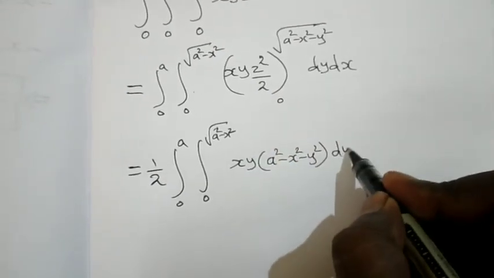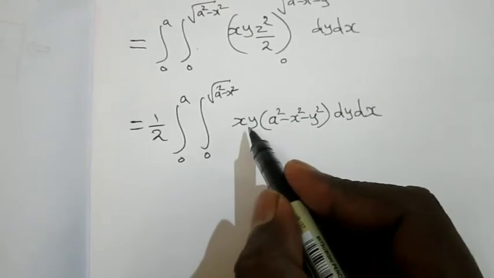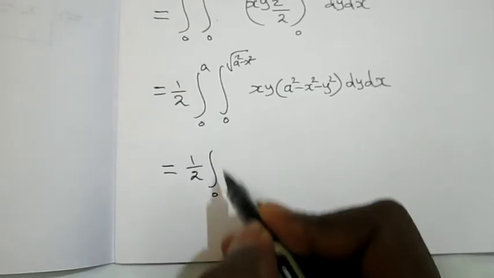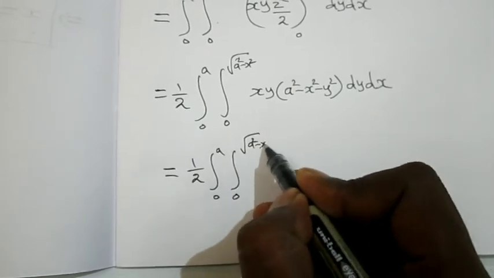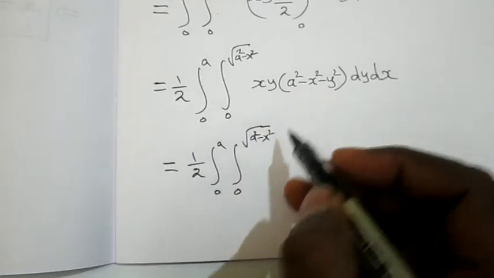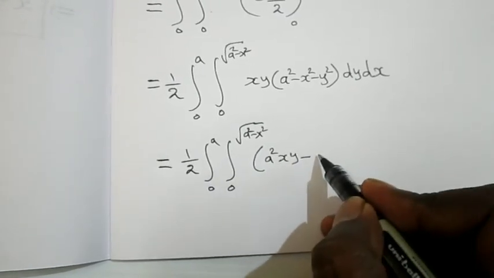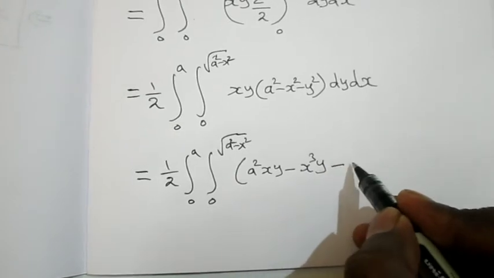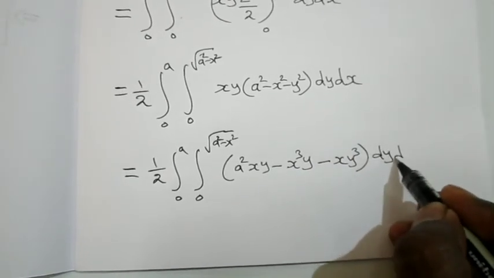Multiplying xy inside: 1/2 integral 0 to a, integral 0 to root of a² minus x², of (a²xy minus x³y minus xy³) dy dx.